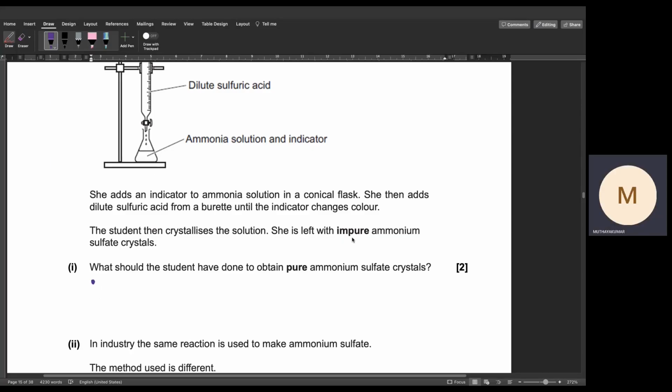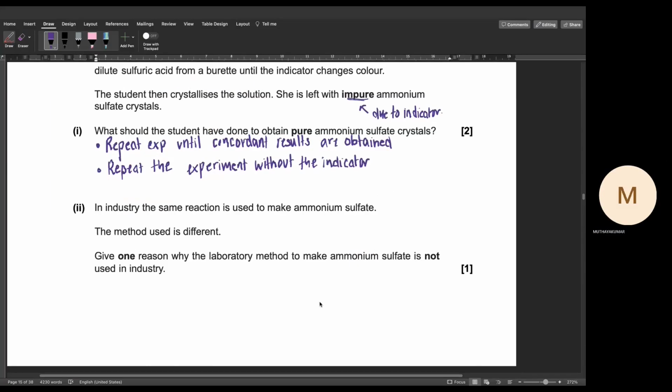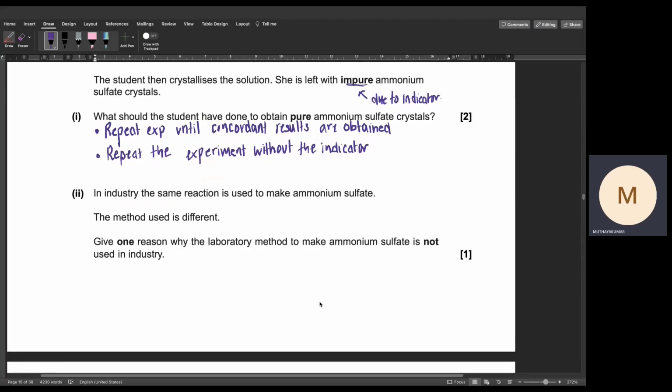So the major source of impurity is because they have not removed the indicator. In industry, the same reaction is used to make ammonium sulfate. The method used is different. Give one reason why the laboratory method to make ammonium sulfate is not used in industry.